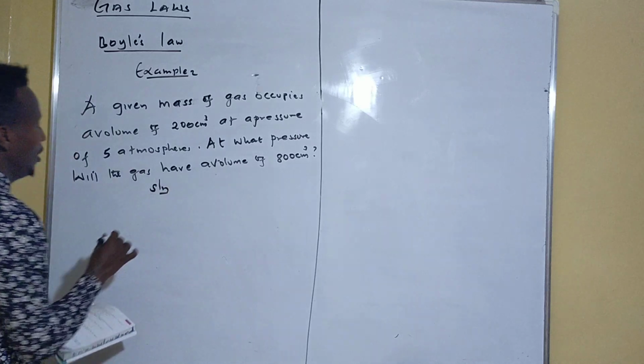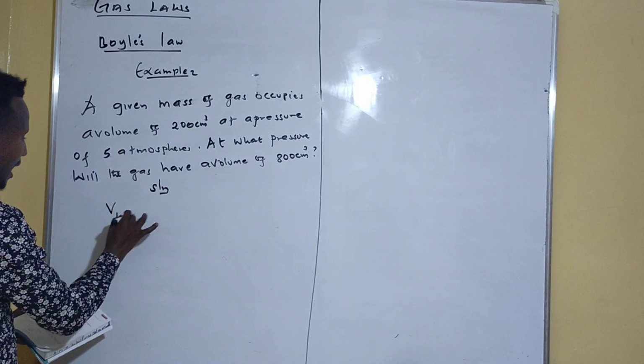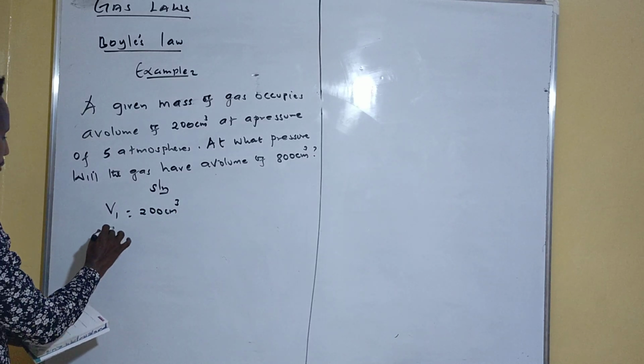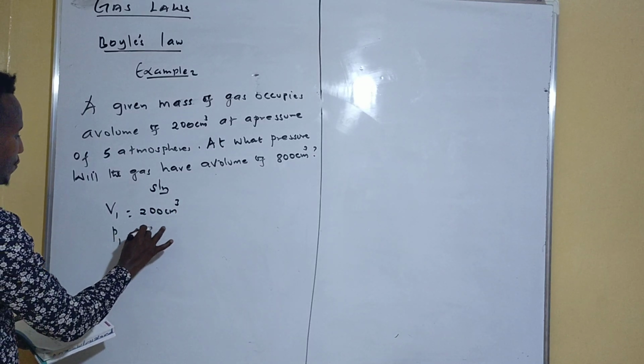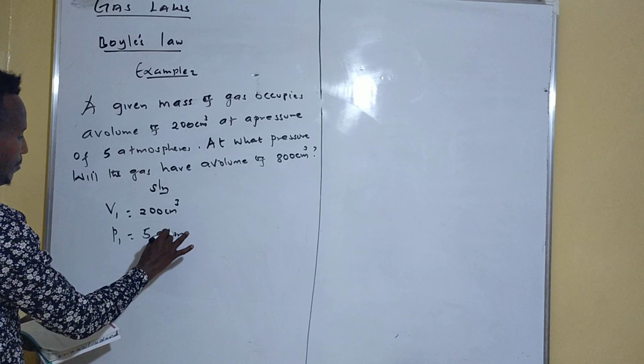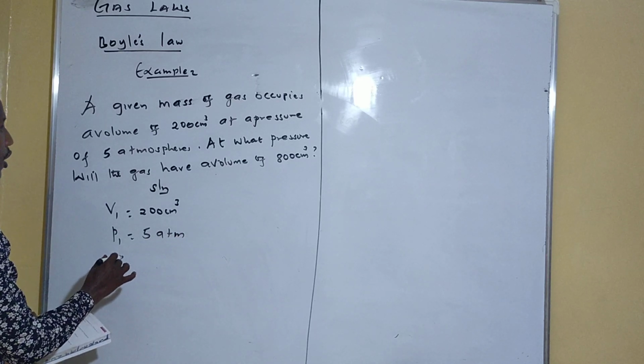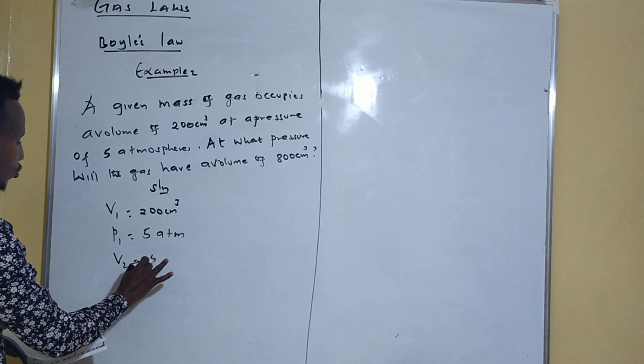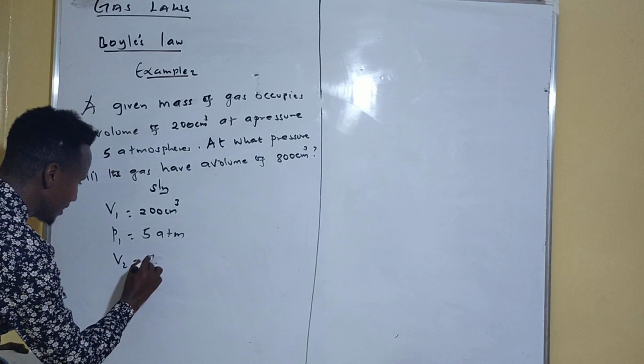We have our V1 as 200 centimeter cubed. We have P1 as 5 atm. Then V2 as 800 centimeter cubed.